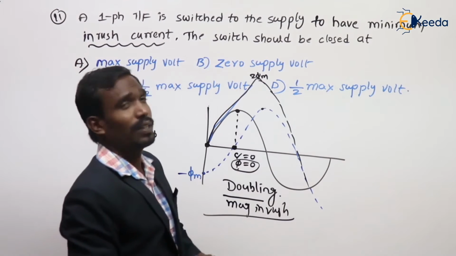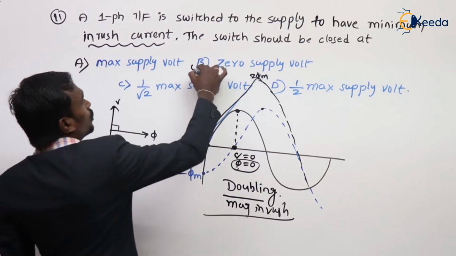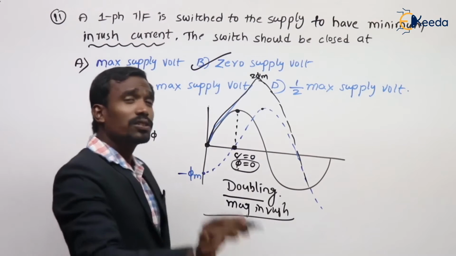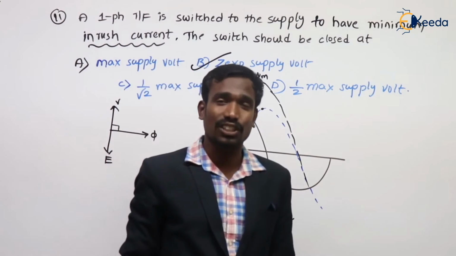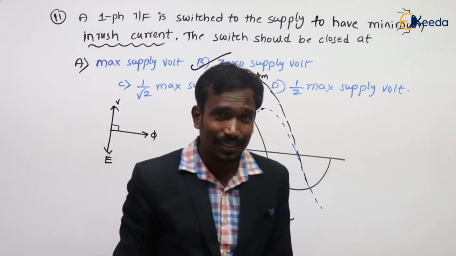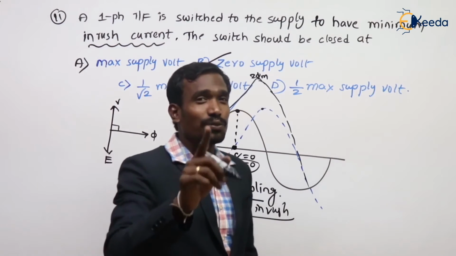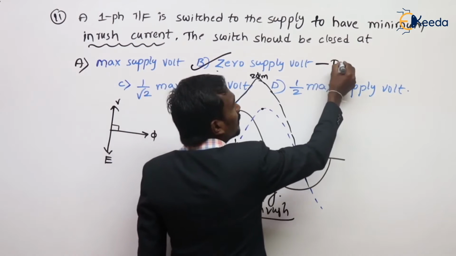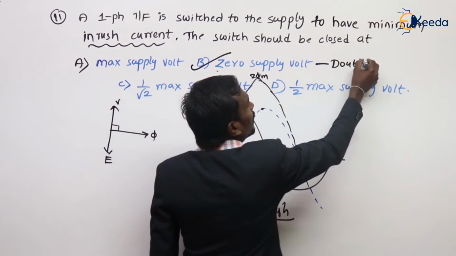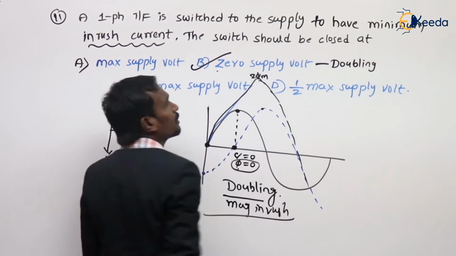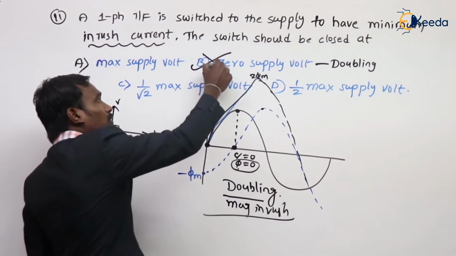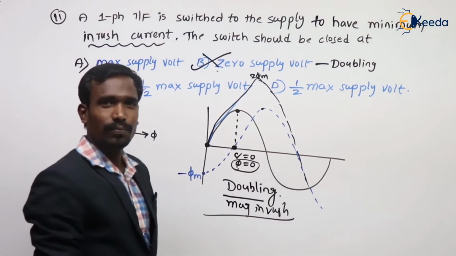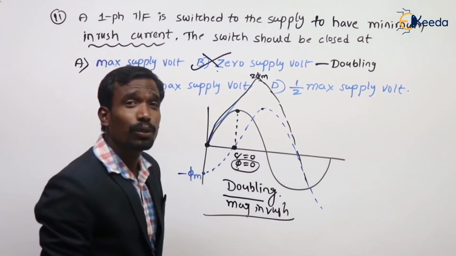Now tell me which of the following is the correct answer. The switch should be closed at zero supply voltage condition. Is it correct? No. If the switch is closed at zero supply voltage condition, it leads to doubling effect. That's why don't use this one. So where do I have to close the switch?